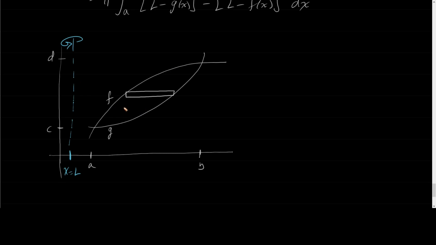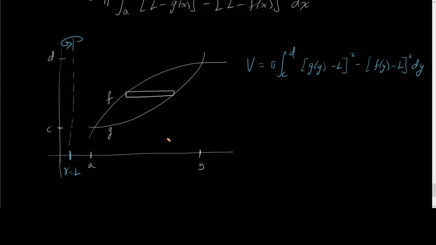So because of that, I won't draw all the things here, but I'm going to say the volume is pi times the integral from c to d of, well, this big radius is going to be g minus L. So I'm going to write it as g of y minus L quantity squared minus f of y minus L quantity squared dy.